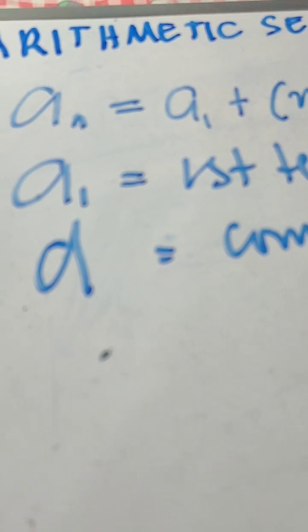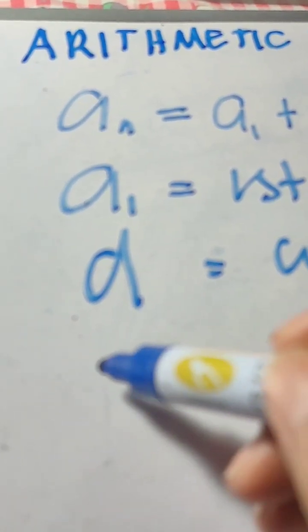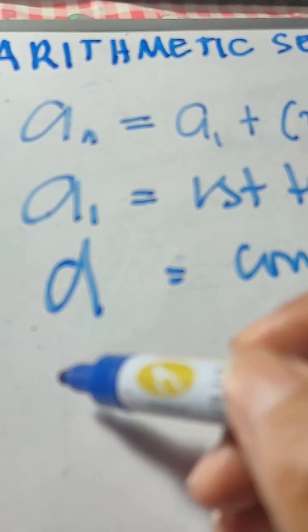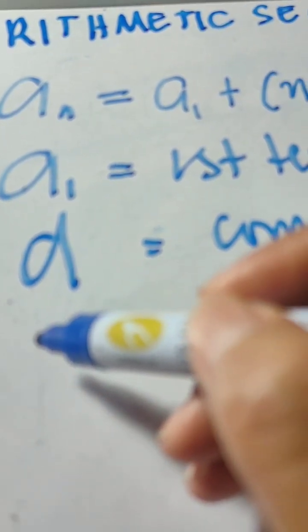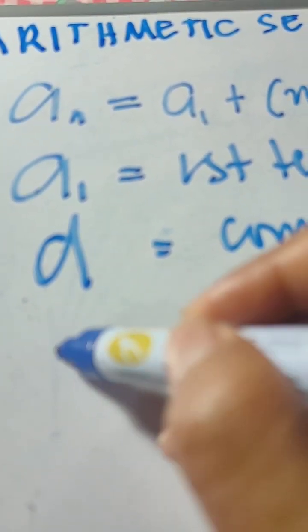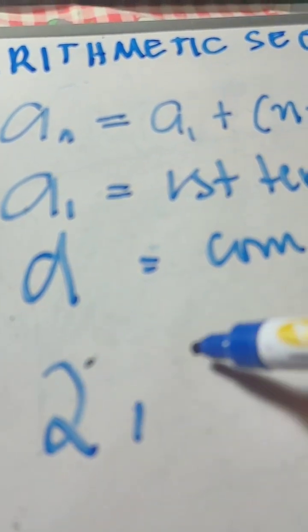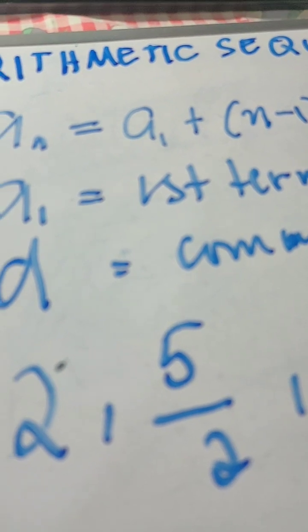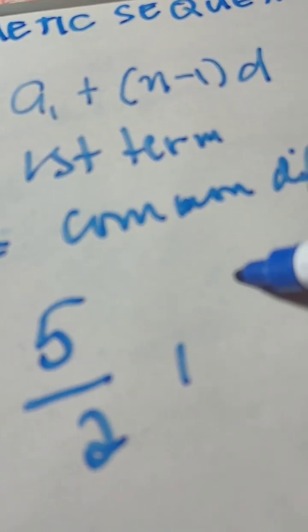finding the next term. So for example, find the next term of the arithmetic sequence, say 2, 5 halves, then we have 3.